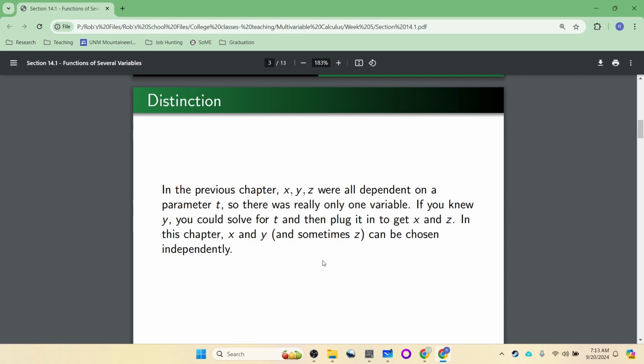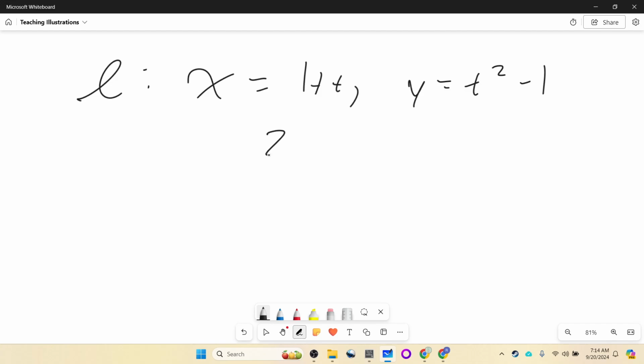But it wasn't really, because each of them was based on the same t. If we had some function, like L would be x is 1 plus t, y is t squared minus 1, z is sine of t, whatever, something like that, it doesn't matter.